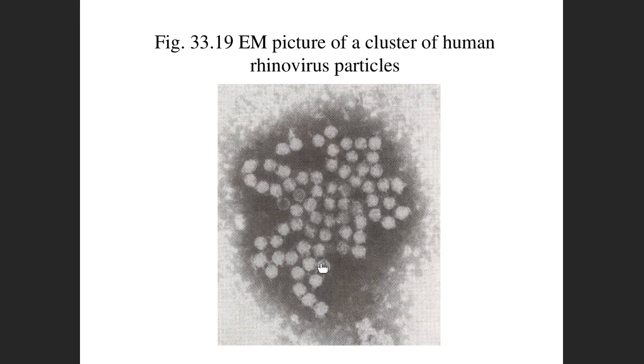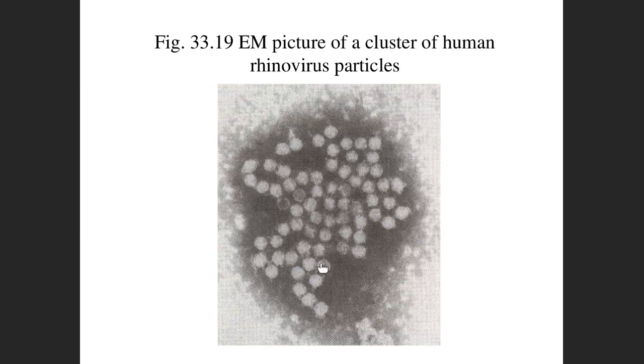It's not very clear, right? But at least one thing that you can come up with by looking at this picture is that each viral particle looks pretty similar, right? And that is actually true. The viral particles are almost identical, okay?